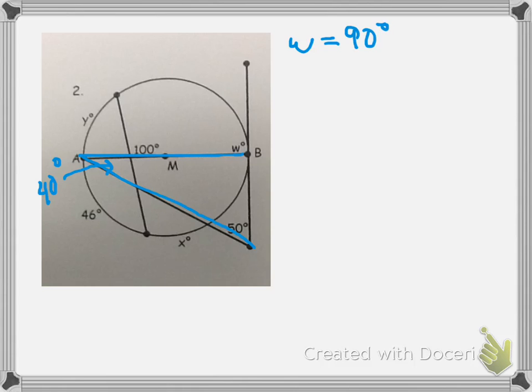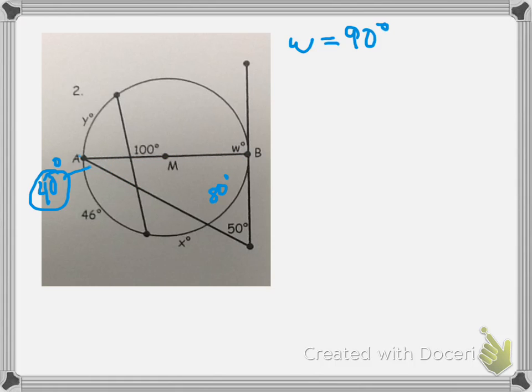Remember, that is an inscribed angle because the vertex of the angle is on the circle, so the measure of this arc over here is 2 times the measure of that angle. So we know that this arc length right here is 80. I'm going to go ahead and erase this part.